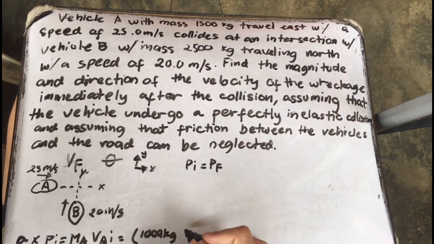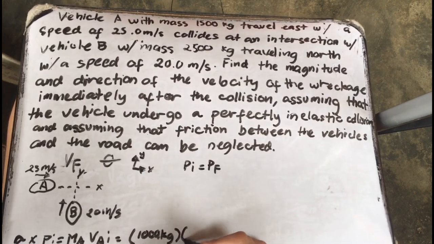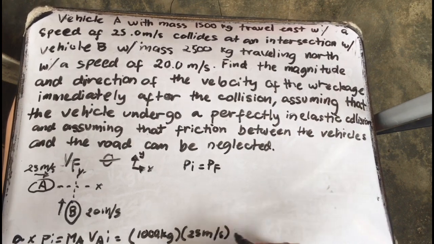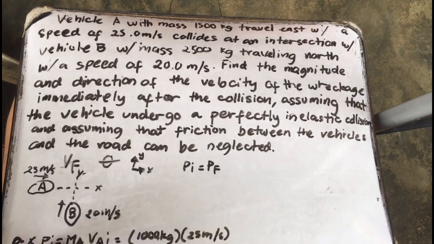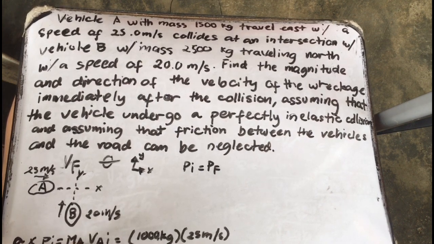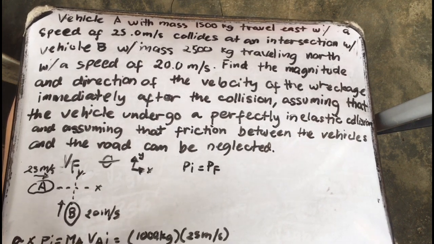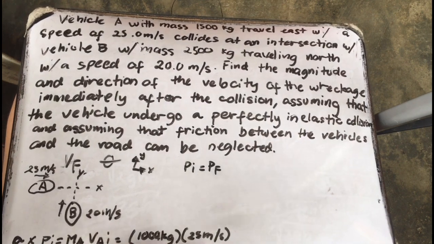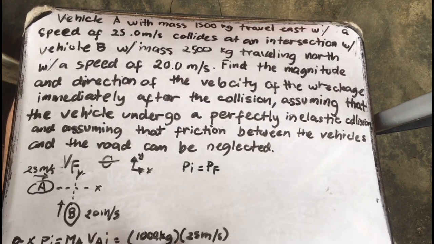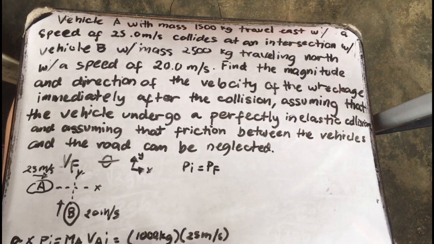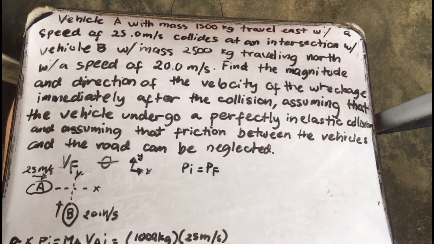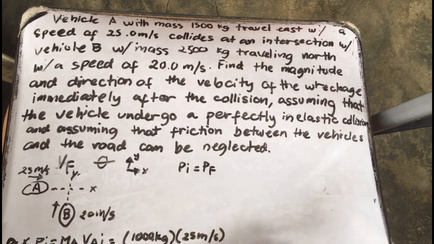Hinanap ko yung V final or final momenta. Momentum P sub i is equal to mass of A times V sub A, o ilalagay natin initial, equals yan sa 1,500 kg times 25 meters per second.